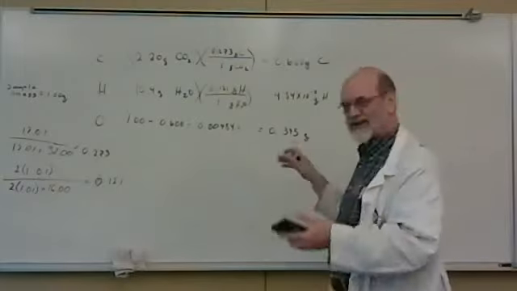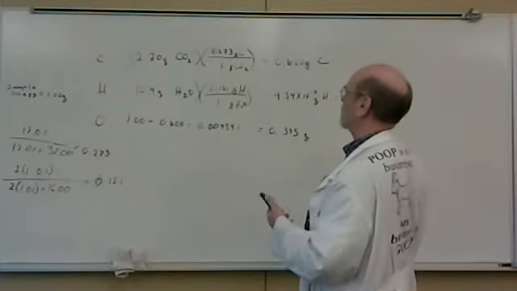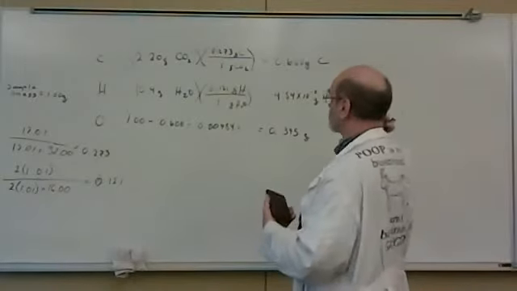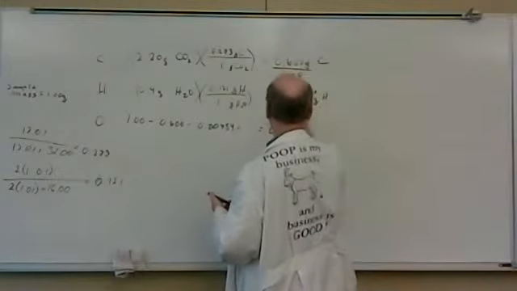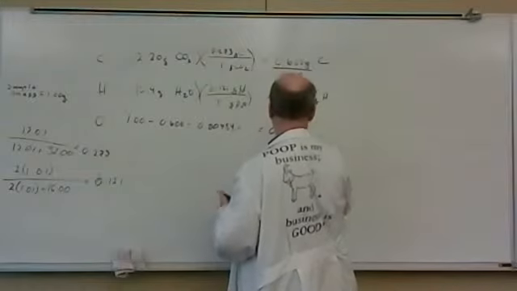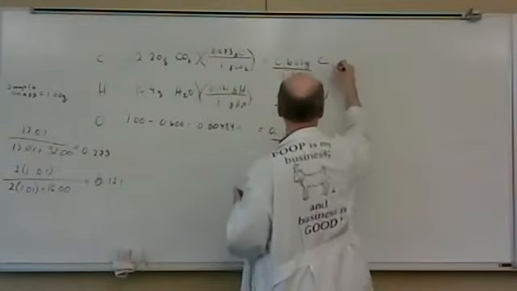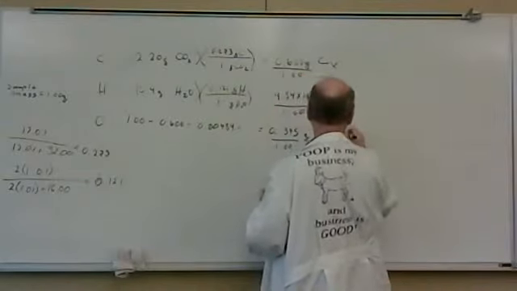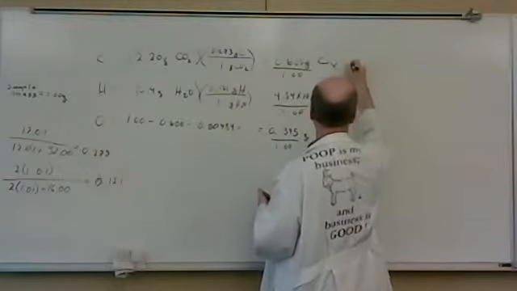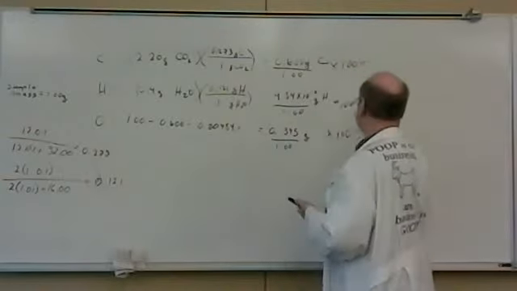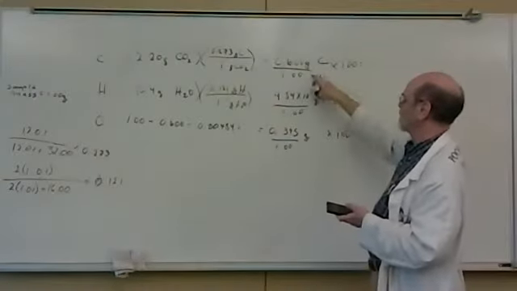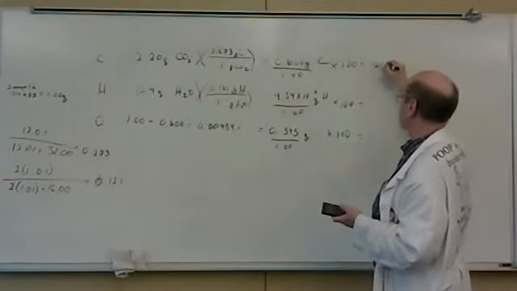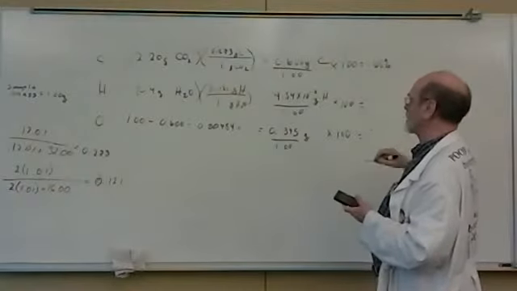Okay, now we know how many grams is in each one. The percentage would then be divided by 1, which is the total, times 100. So we're doing Henry Ford again. So that's 60% carbon.